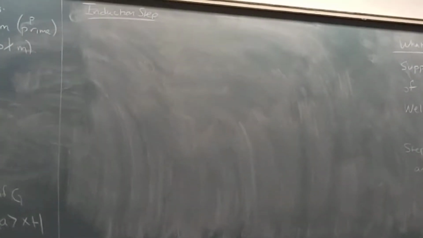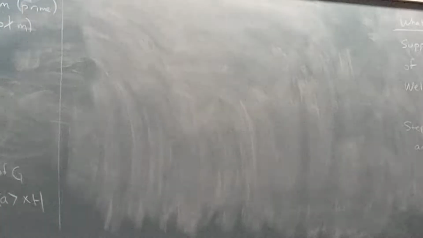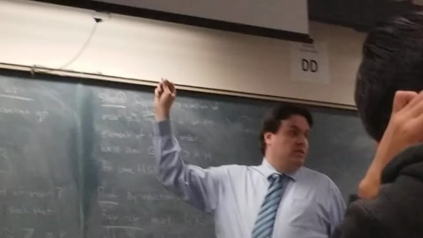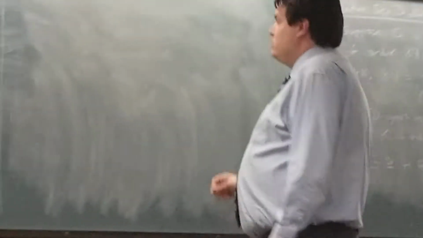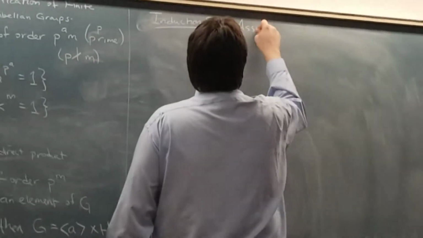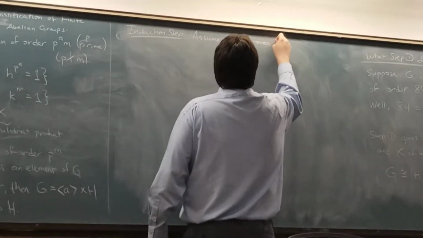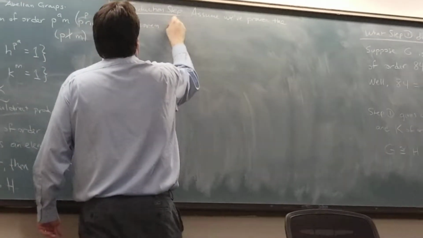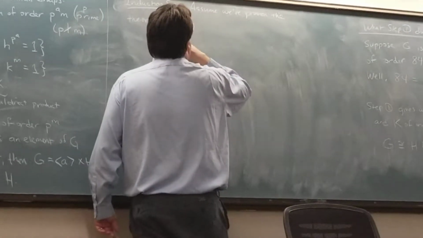Here, we are going to assume we've proven all previous cases of the theorem, and now we're just focusing on p to the m. So we're going to assume the theorem is true if our group order is any prime power, any power of p less than p to the m. Let's see, how do I say this?